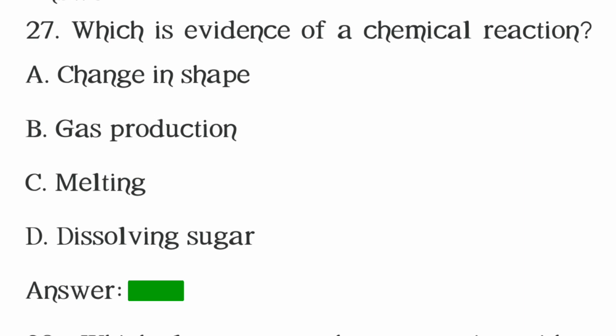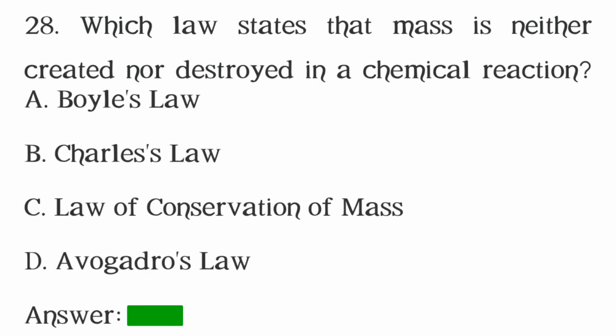C. melting. D. dissolving sugar. Answer, B. 28. Which law states that mass is neither created nor destroyed in a chemical reaction? A. Boyle's law. B. Charles's law. C. law of conservation of mass. D. Avogadro's law. Answer, C.